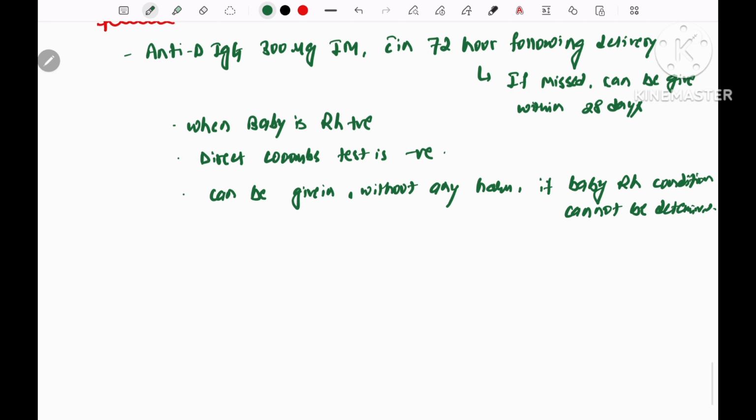Actually, I have talked in the beginning that during abortion, either spontaneous or induced, there is also a chance of leaking of blood into the maternal circulation.